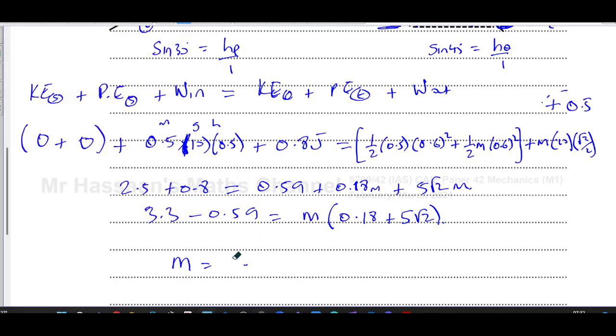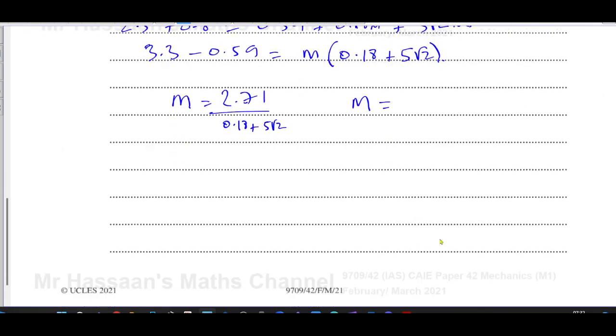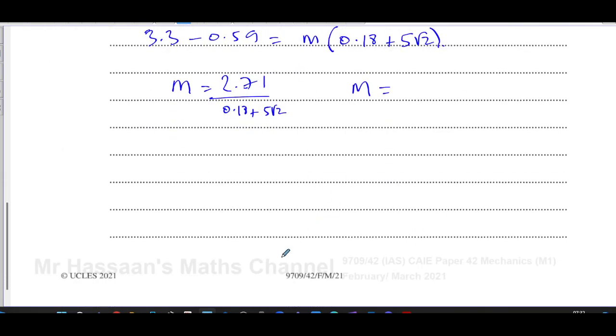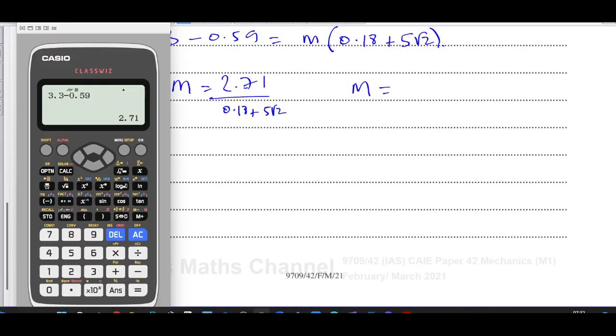So we have 2.71 divided by 0.18 plus 5 root 2. So m is going to equal 2.71 divided by 0.18 plus 5 root 2.